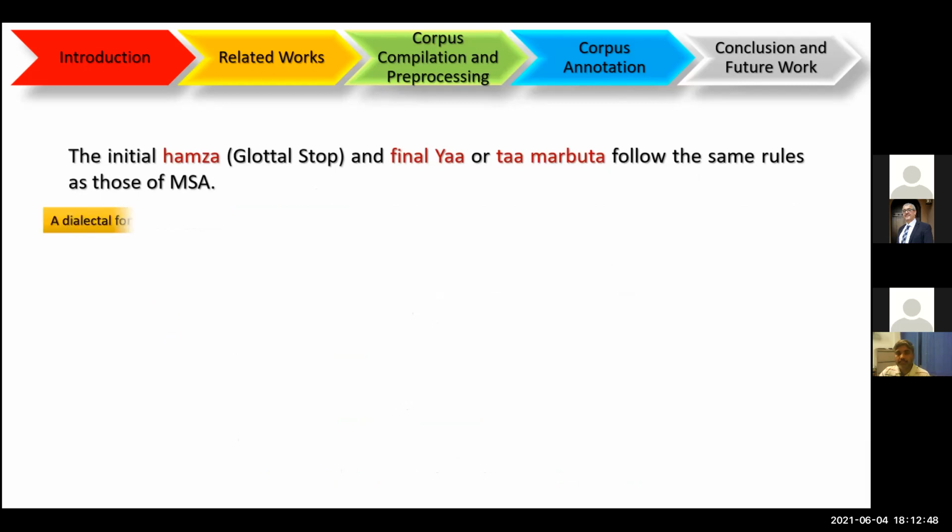We treated Hamza and final Ya or Ta marbuta to follow the same rules as those of MSA, except in the dialectal form of Ta marbuta, which is not found in MSA, which is the middle non-construct, as in the word عارفاني, she knows me. It is preferred to be transferred to عارفة تاء مربوطة plus ني.